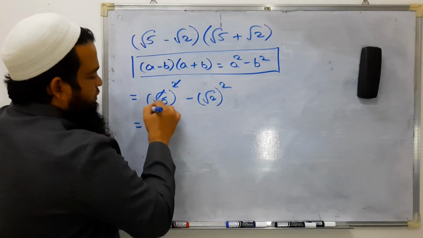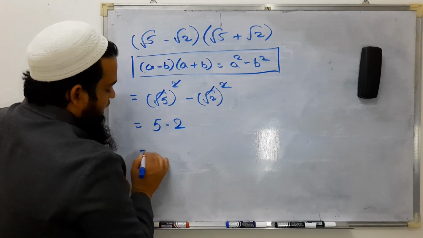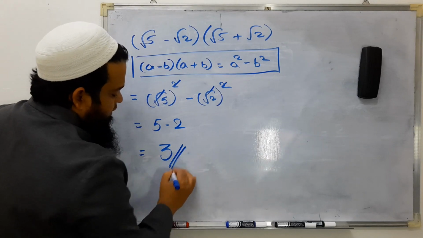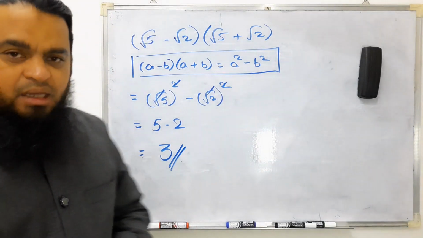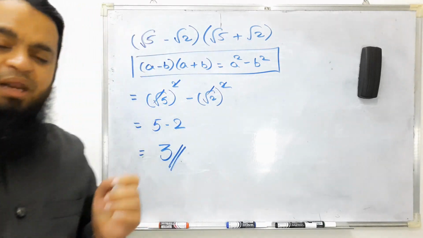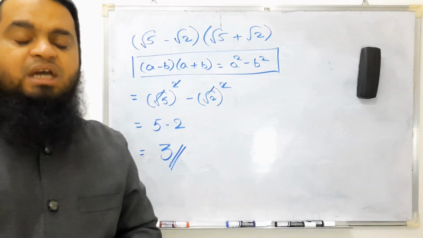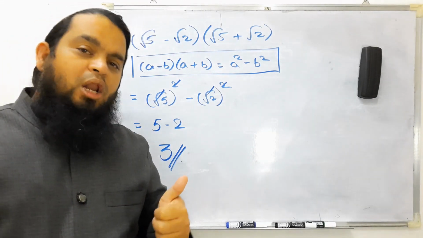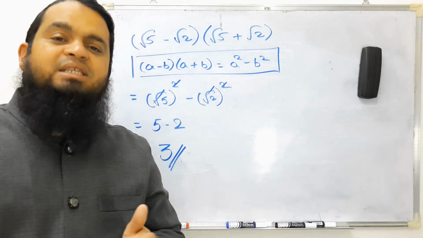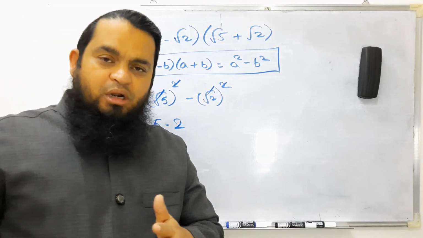That equals, square root cancelled. So what is left out? 5 minus 2 equals 3. So this is the answer. I hope this concept everybody understood. So please go through the concept and repeat these questions until you are thorough with all algebraic identities as well as identities for real numbers. Okay, I hope you understood.